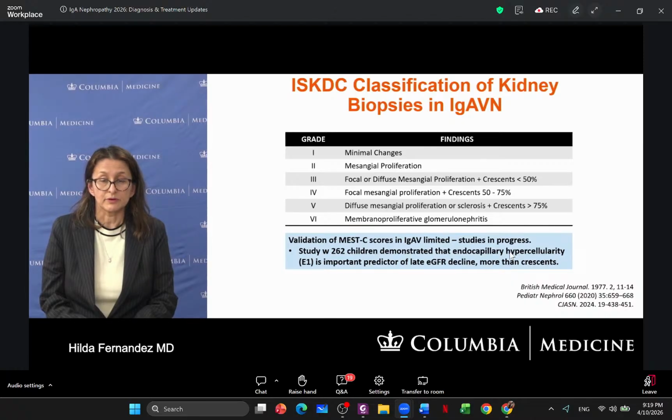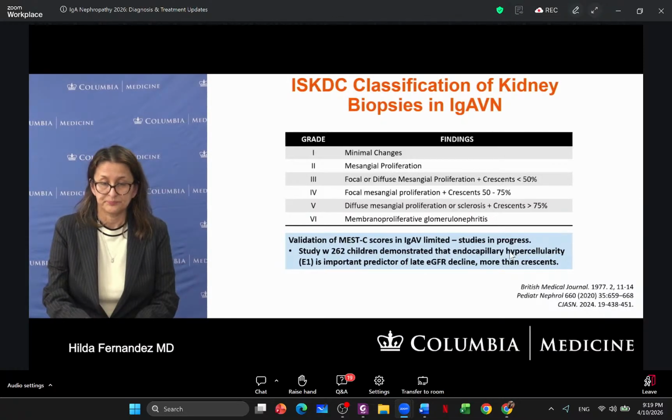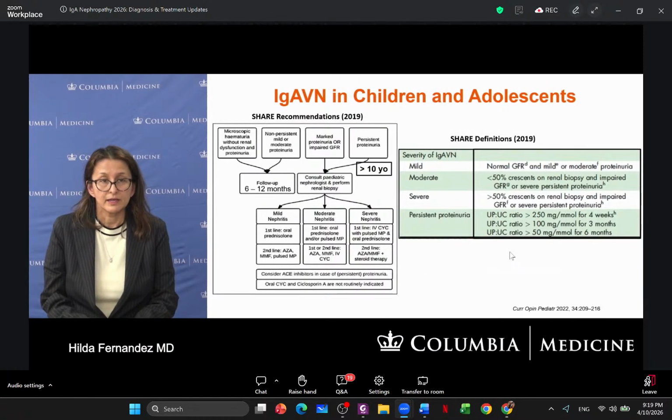So I think there are studies in progress, and potentially our way of looking at IgA vasculitis with nephritis will change. In the meantime, we also classify it by the European SHARE recommendations, where severe versus mild depends on the degree of kidney involvement and GFR decline.